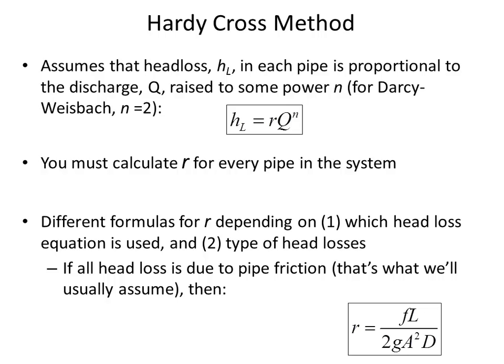This is the definition of R. So from iteration to iteration, R may change. Like during our first iteration, when we guess our F value based on the fully turbulent assumption, we'll have some R. But then in the second iteration, we're going to update our guess of F, and we'll have a better guess of F. We'll use the Jain equation in our second batch of iterations, and so R will be a little bit different.